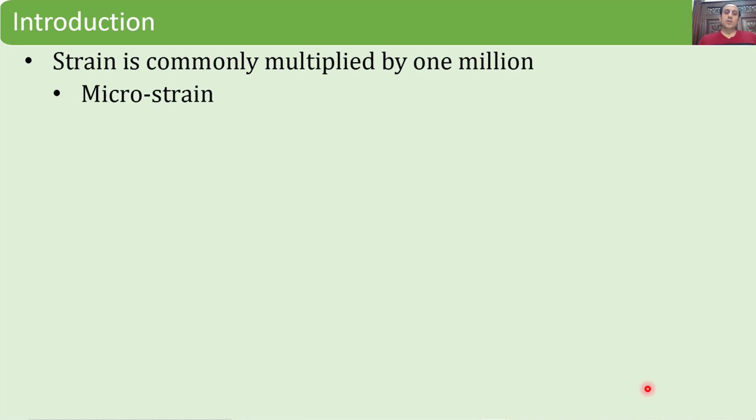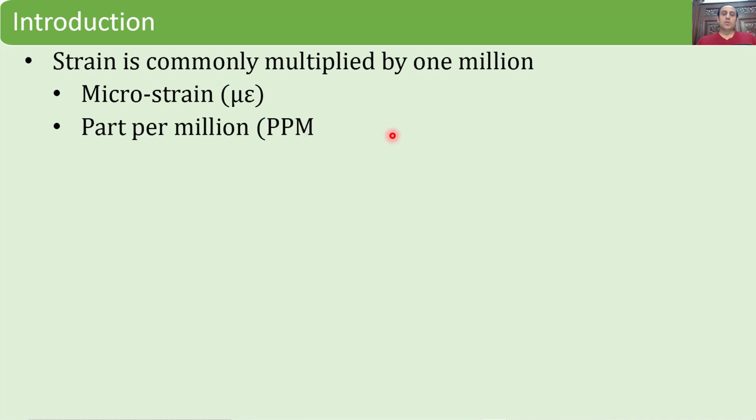So we actually use the term microstrain instead of strain. After multiplying it with 1 million, we call it microstrain. So the effect of that 1 million factor is now cancelled. And we can also call it parts per million.